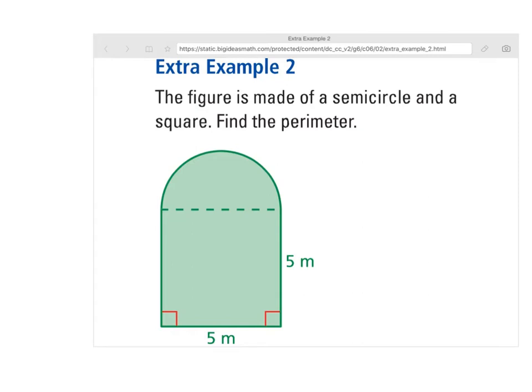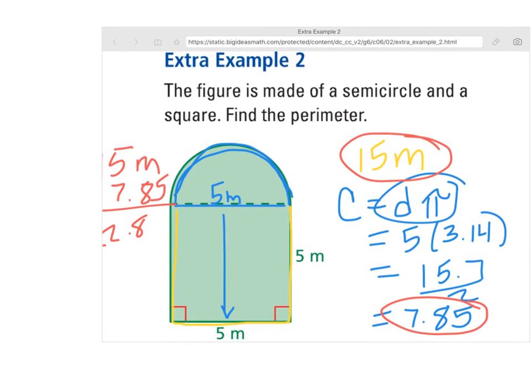Now this is for a whole circle. Since it's just a semicircle, we divide that by 2 to get 7.85. Now to get our entire perimeter, we add the straight edges plus our semicircle. So we're going to get 15 plus 7.85, which would be 22.85.